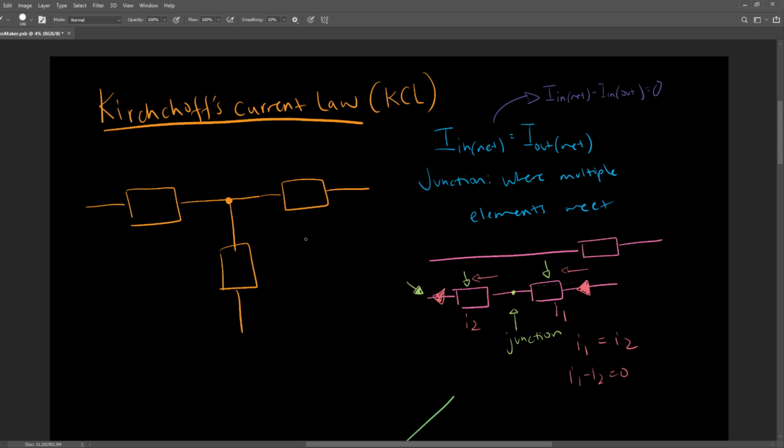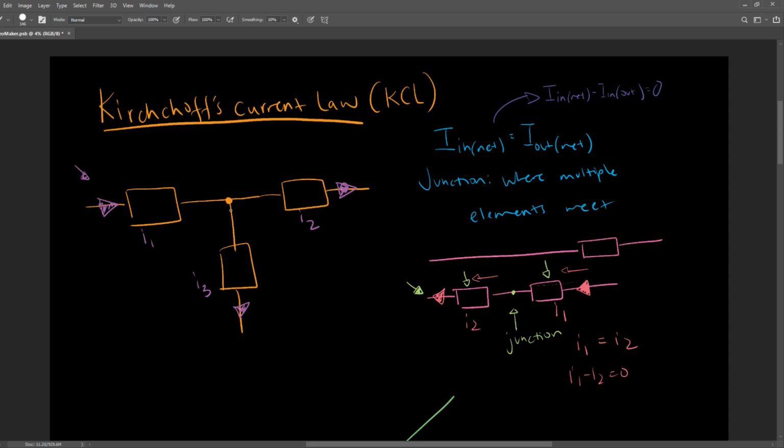So let's take this other example, this orange one right here. If we imagine that we had currents where one was flowing in, one flowing out, and another flowing out, you give these elements with currents flowing through them names.